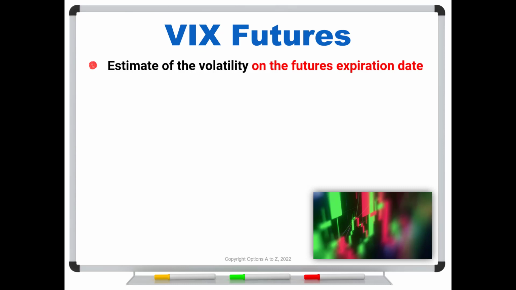That is the key phrase right there. It is not over a 30-day window of time like the VIX index. It is not over a different window of time like it is for VIX options. Instead, think of it as a snapshot of volatility on a specific date. Which date? The date that the futures contract expires.